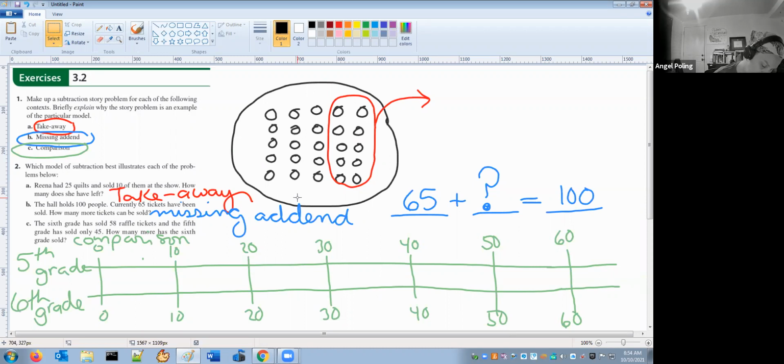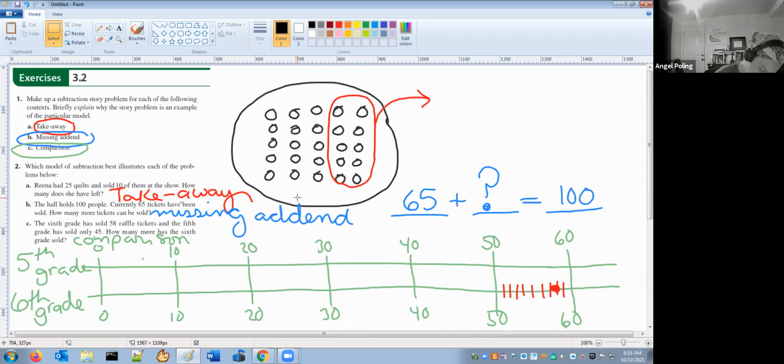tickets for the 6th grade. So we need a base 10 breakup here. 1, 2, 3, 4. 1, 2, 3, 4. To find the 58. Oh, to be right there.